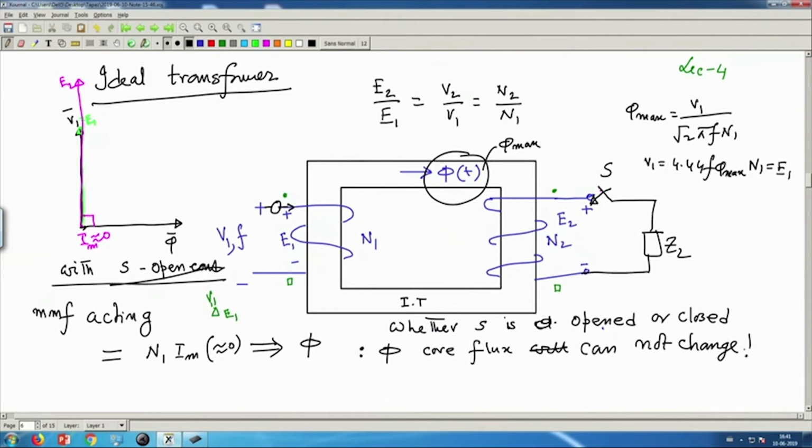If earlier it was phi max sin omega t, it will be still phi max sin omega t. S is opened or closed, it does not matter.